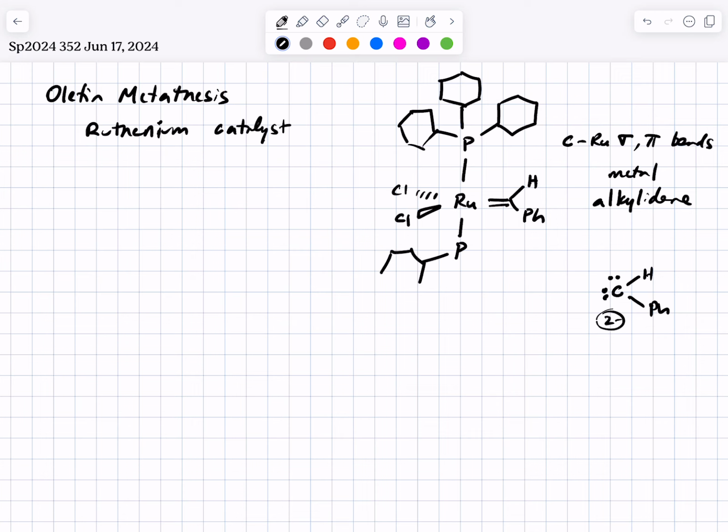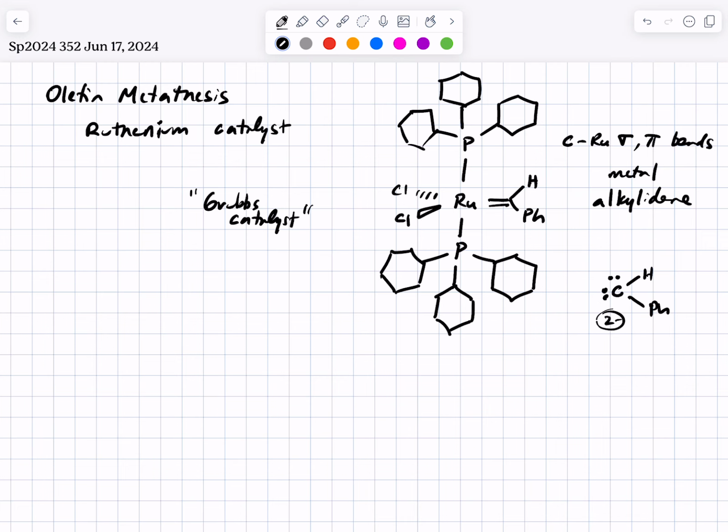My guess is the Grubbs lab tried them and the cyclohexyl worked better. Sometimes having steric bulk in the ligands can change the course of a reaction or accelerate it. So this is called the Grubbs catalyst. And there are multiple variations on this. Some are called Grubbs Generation 1, some are called Grubbs Generation 2. We're not going to worry about that.